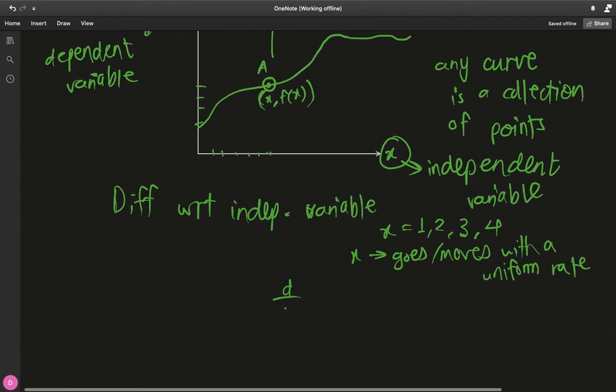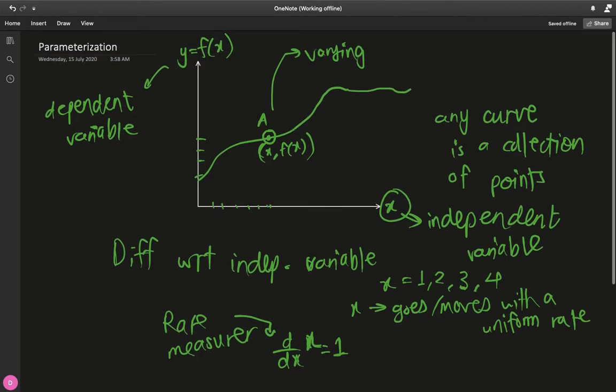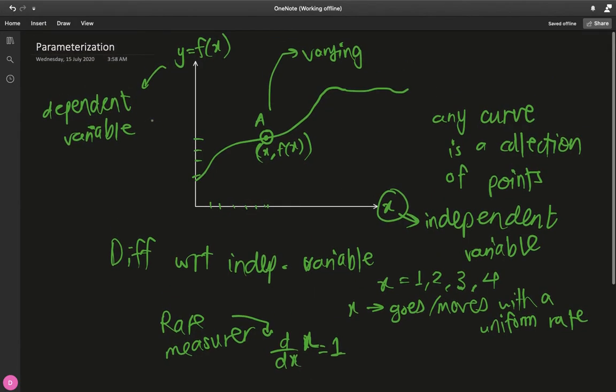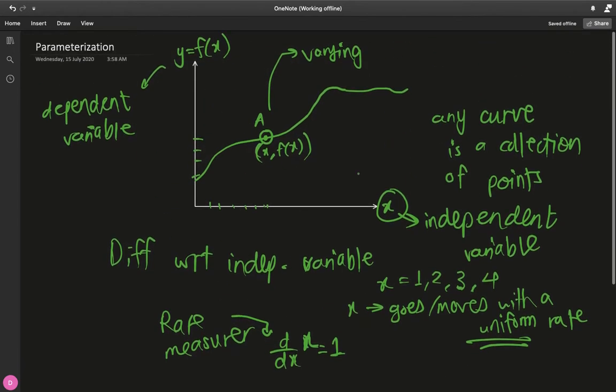That's why the derivative of x with respect to itself is 1, because think of the derivative as a rate measurer. The rate at which x changes with respect to itself is 1, right? Because as I said, x is going with a uniform rate. And then we compare f of x, or whatever the dependent variable is, with respect to this uniform x, right? That was our entire basis of differentiation up till now.